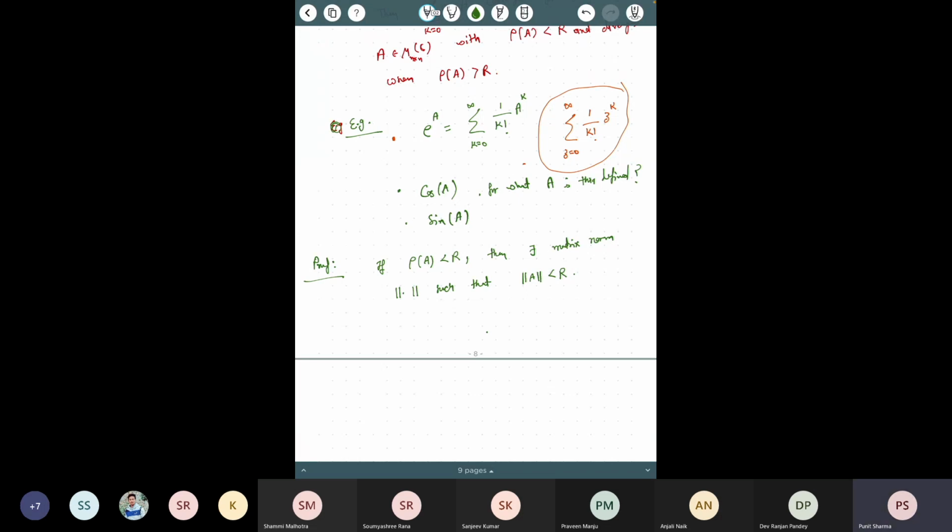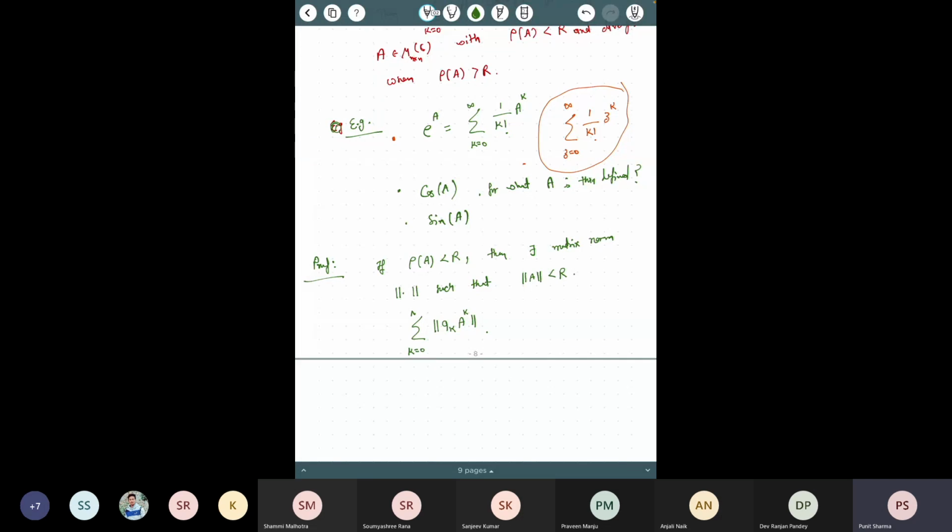Using that result, we can find a matrix norm such that the norm of A is less than R. But then, what would be the sum of A to the power k, for k equal to 0 to n, for any natural number n?